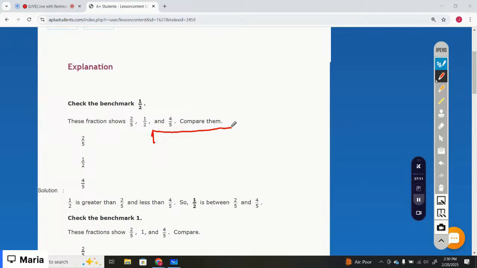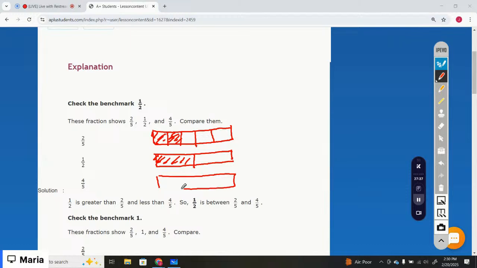2 by 5: 1, 2, 3, 4, and 5. So that is 2 by 5. Then 1 by 2, and then 4 over 5.